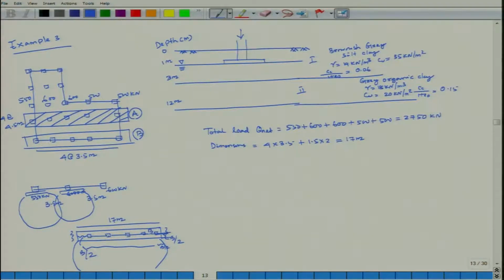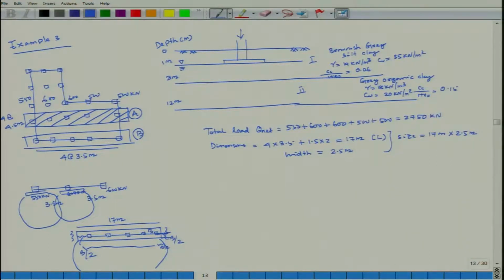It will be approximately B. So B is 3.5; you can consider width equal to say 2.5 meter. So size is equal to 17 meter into 2.5 meter.